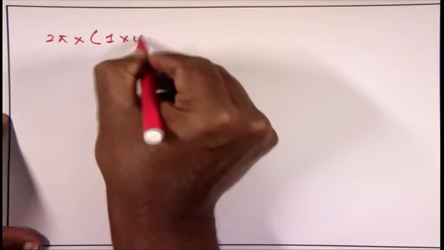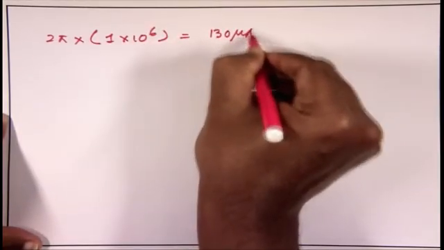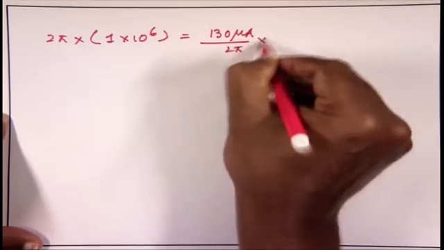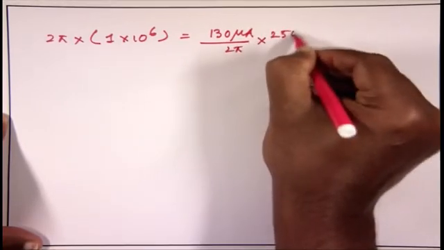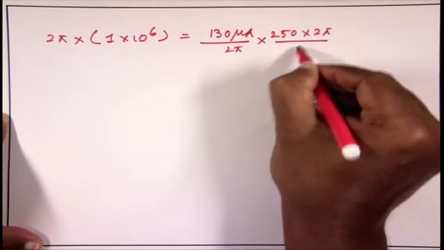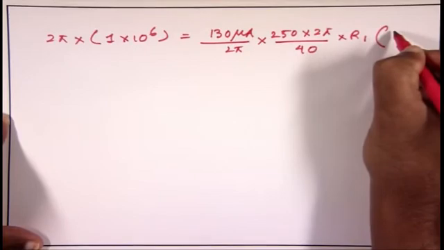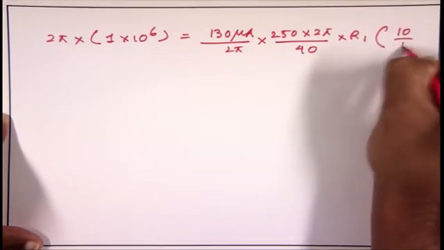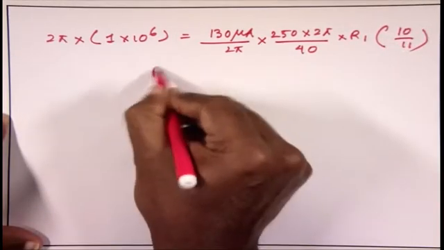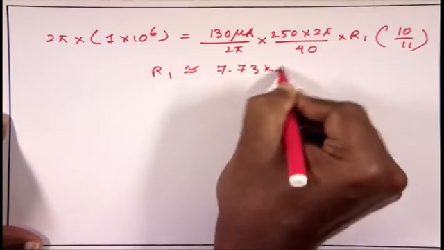1 into 10 to the power 6 is equal to 130 microampere by twice pi, into 250 into twice pi, by N which is 40, into R1 into b minus 1 by b. So, it is 10 by 11. So if you calculate, R1 should come around 7.73 kilo ohm.